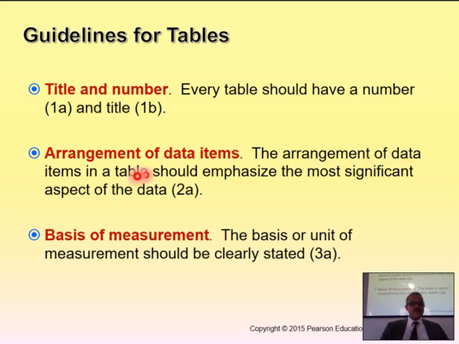The arrangement of the data items in a table should emphasize the most significant aspect of the data. So you don't want a table that has information that's not very relevant. You want to have relevant information. Basis of measurement. You want to always say this is in dollars, this is in what unit, people, respondents.